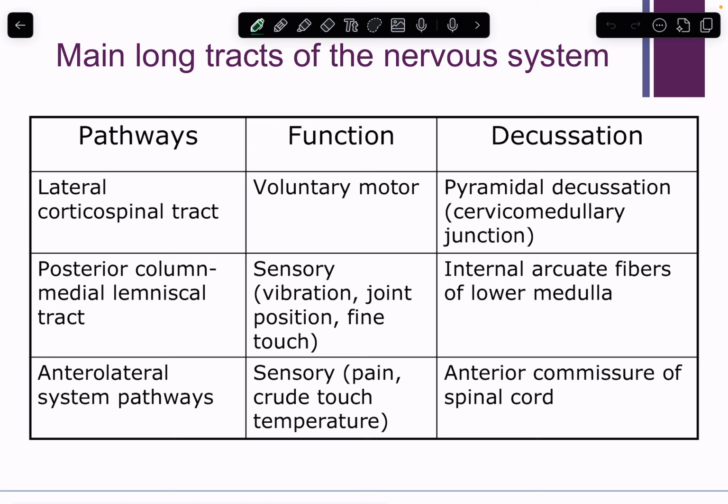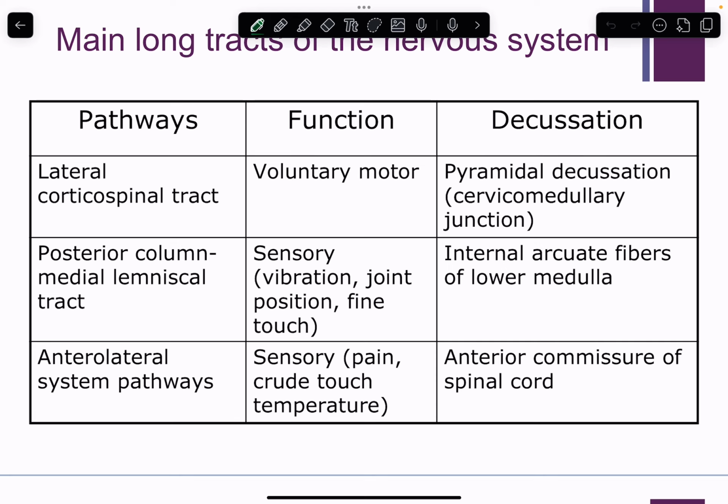In your handout, it says in the internal arcuate fibers of the lower medulla. So it still ascends to the medulla and then it crosses over. But remember, this is ascending.